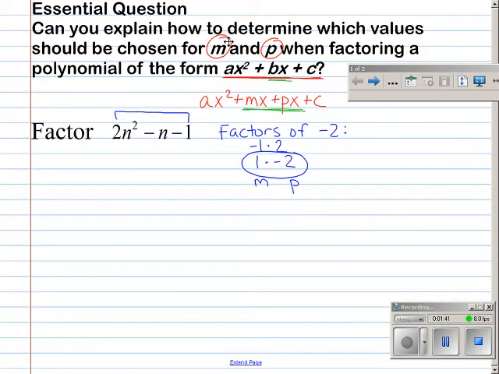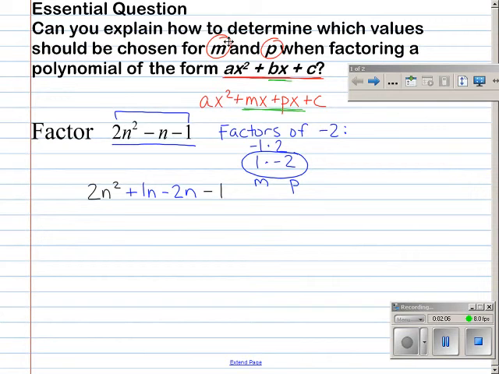So we're going to rewrite this expression here as 2n squared plus 1n minus 2n minus 1.